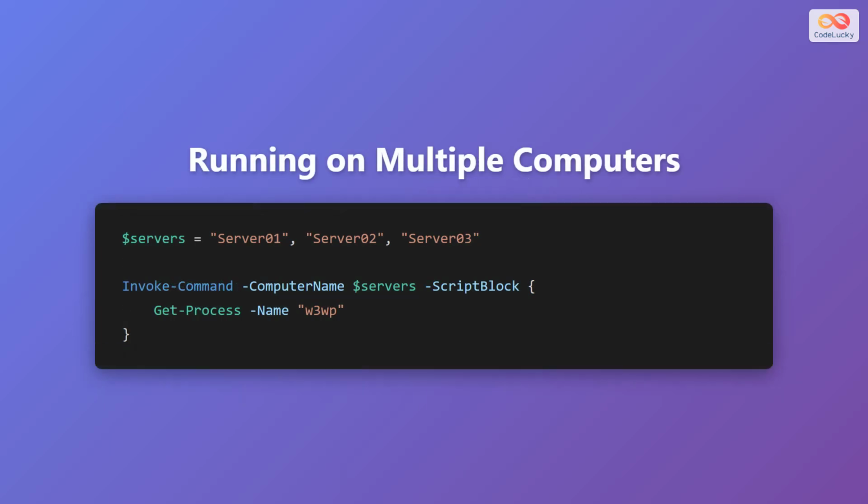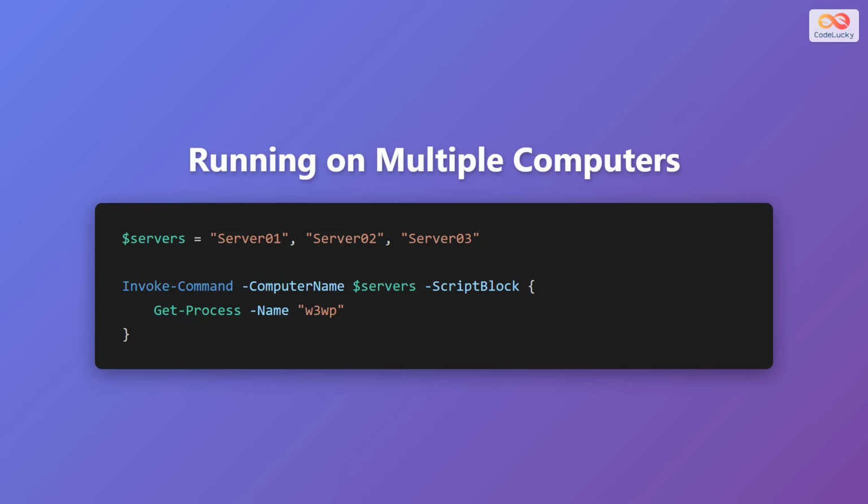One of the most powerful features of Invoke-Command is its ability to execute commands on multiple computers simultaneously. In this example, we first create a variable called servers that contains an array of three server names: server01, server02, and server03. We then use Invoke-Command with the ComputerName parameter set to our servers variable.